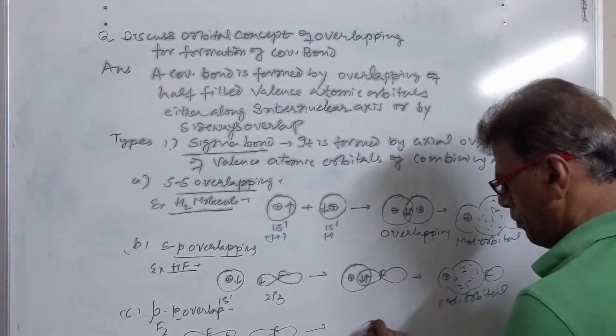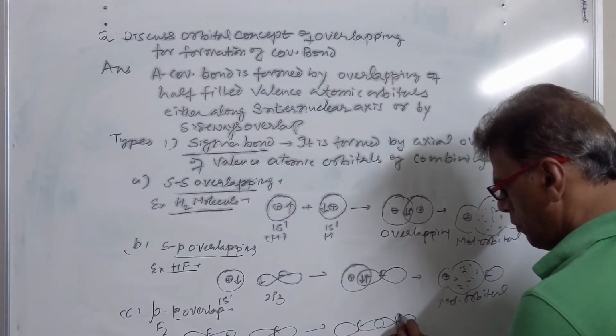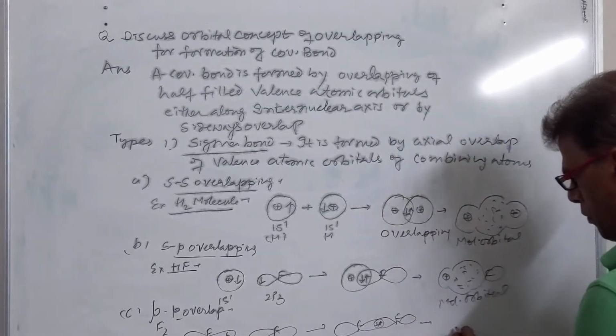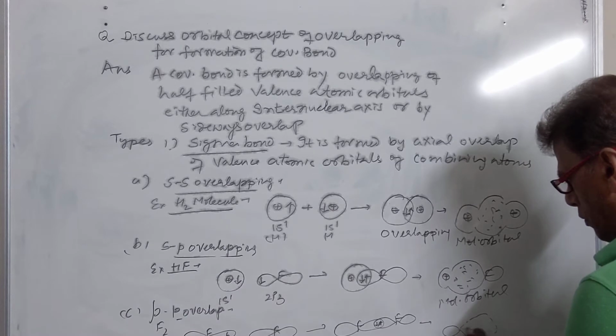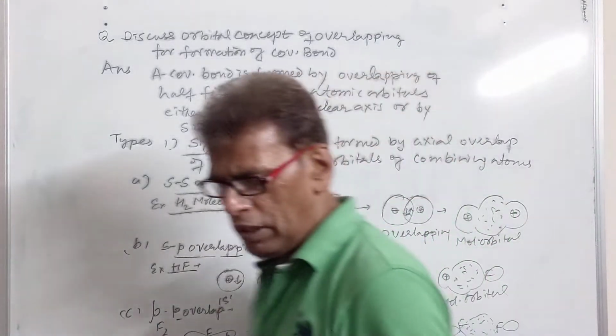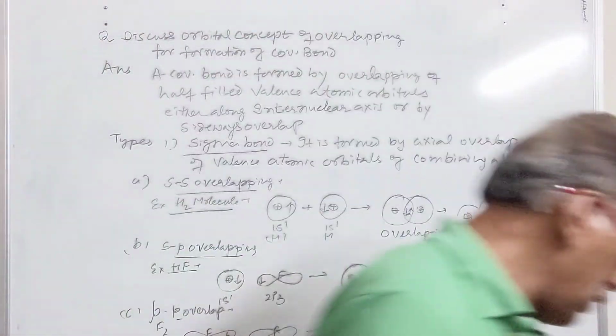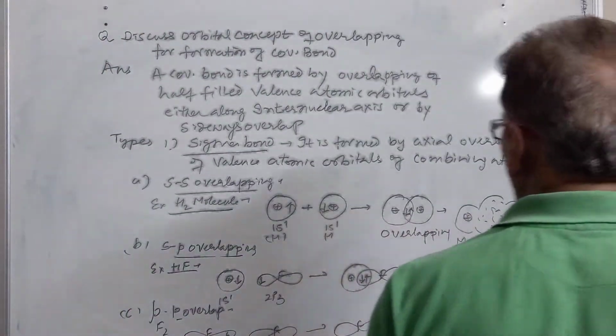They overlap. So these are the three ways by which a sigma molecular orbital or sigma bond is formed.